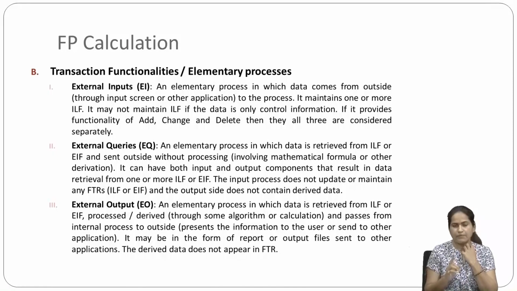This we have done in the first step, meaning we have categorized the functionalities into data functionality and transaction functionality. As the name suggests, data functionalities will be related to data only, and transaction functionalities will be related to transactions, meaning some processes will be there.